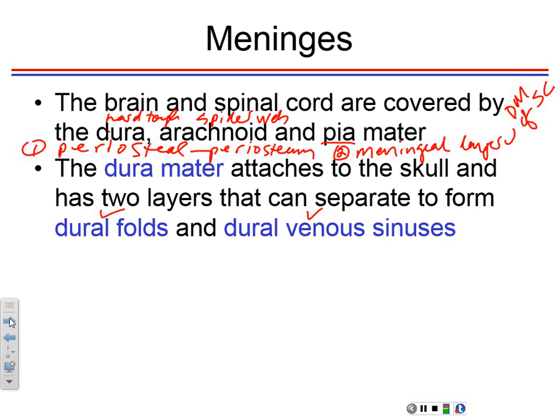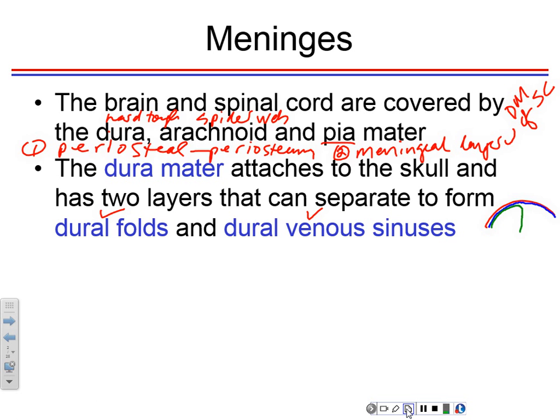So let's say this is the skull, and then you have your periosteum like that. That's the periosteal layer. And then you have the meningeal layer coming down like that, and then it will curve inwards like that.